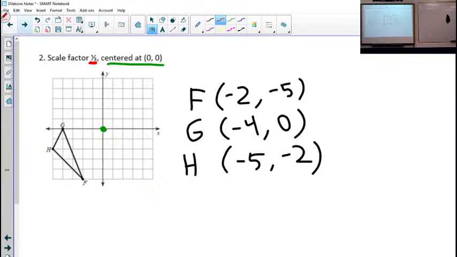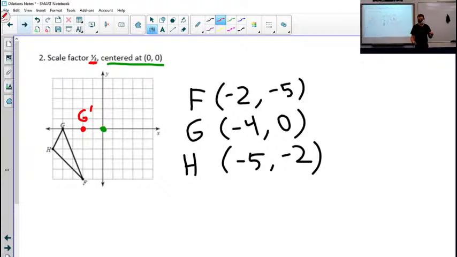G, if I look at my center and go from my center, G was 4 to the left. 1, 2, 3, 4 to the left. So instead of being 4 to the left, we're going to cut that distance in half, and instead we're going to go 2 to the left. Here's G prime. To get to H, H moved 1, 2, 3, 4, 5 to the left and down 2.